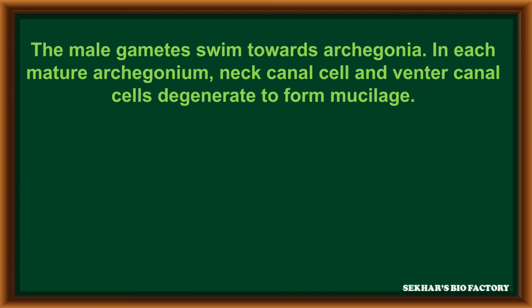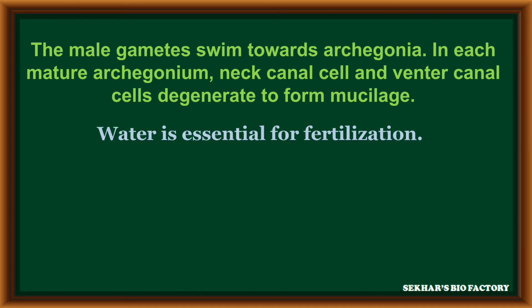The male gametes which develop inside the antheridium, when released outside, swim towards the archegonium. In each matured archegonium, the neck canal cells and ventral canal cells disintegrate or degenerate to form a mucilage substance.